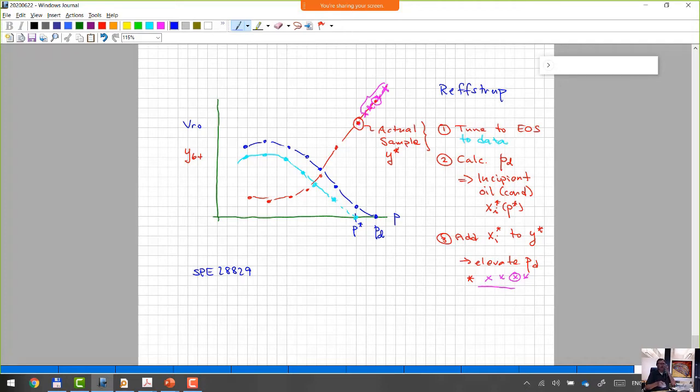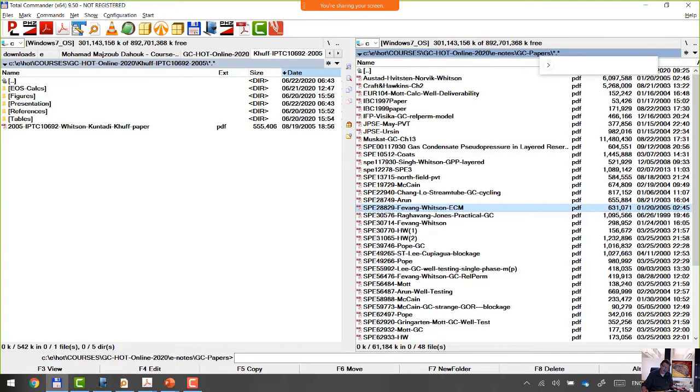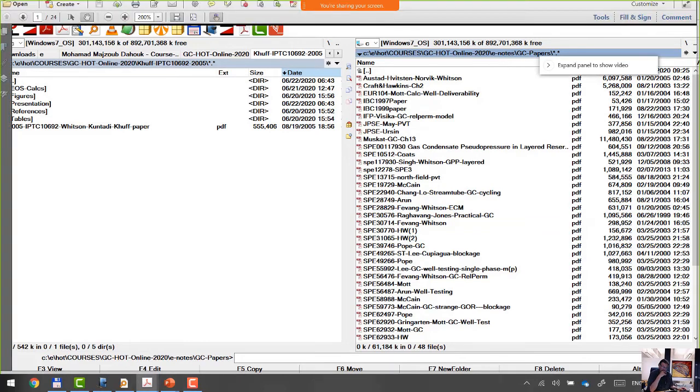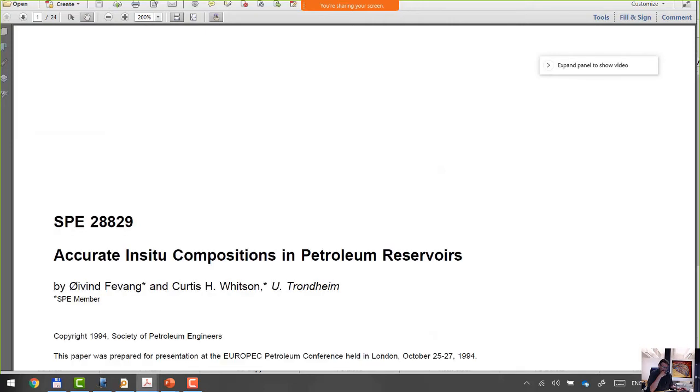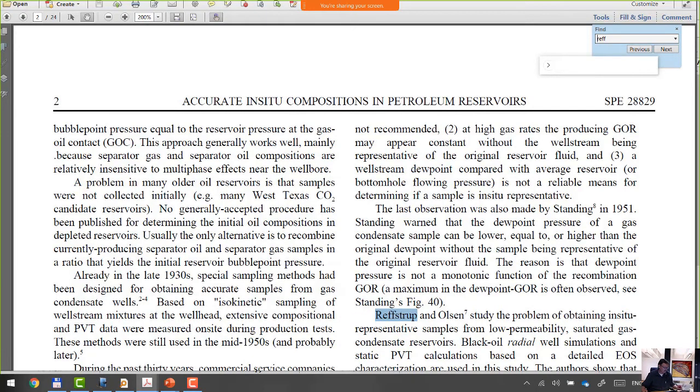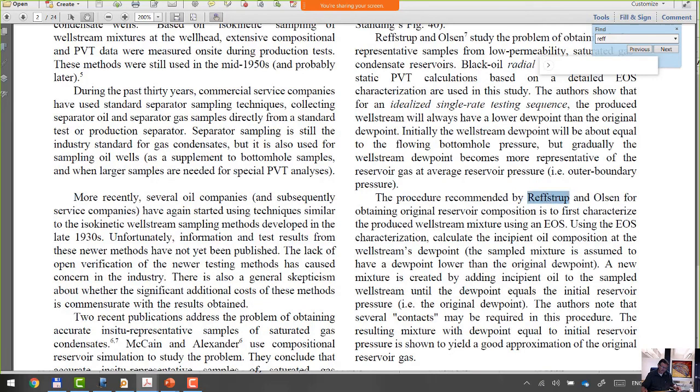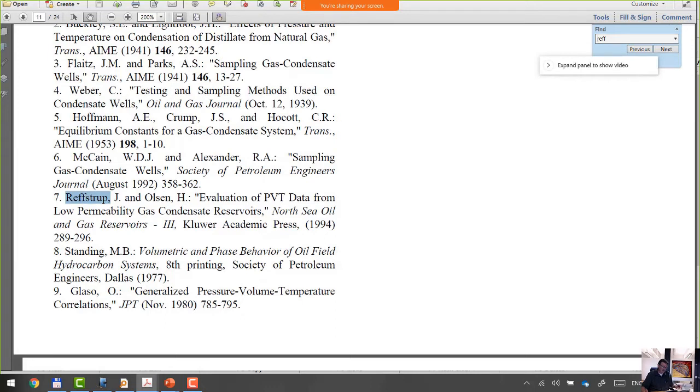In fact, that paper references the ref strip paper. Yeah, that looks like that same paper that I showed you there.